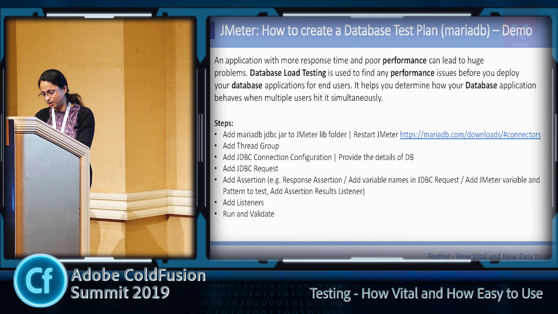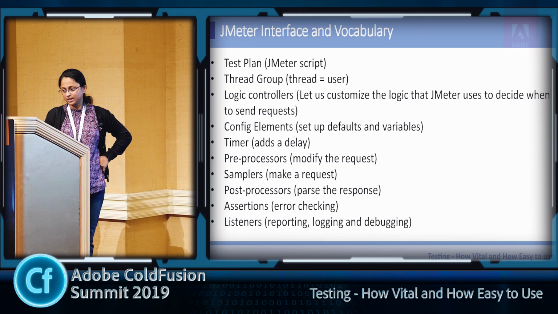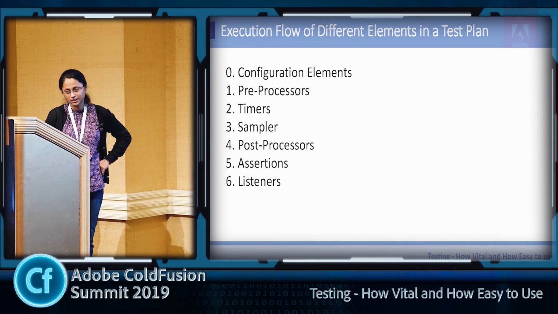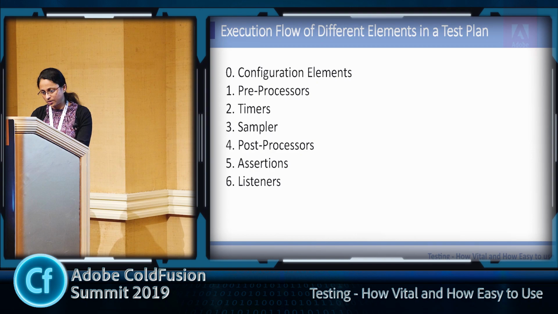It fails, because now I queried a different table, but I was expecting something else, so it failed. So you can see when and where your tests are failing using these assertions. So that was for the JDBC config test.